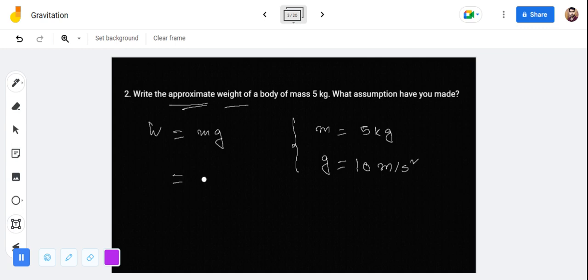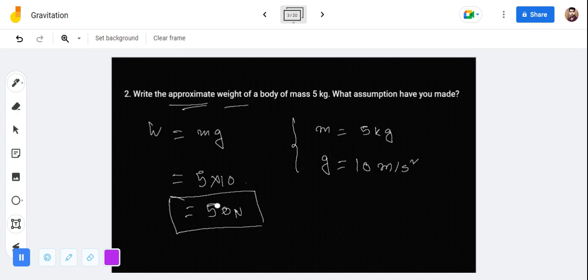So the weight will be 5 into 10, that is 50, and the SI unit of force is Newton. So the approximate weight of the body will be 50 Newton.